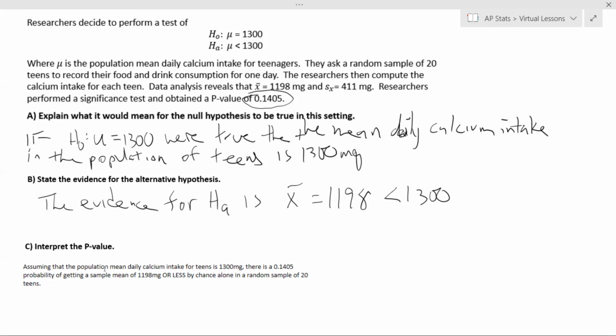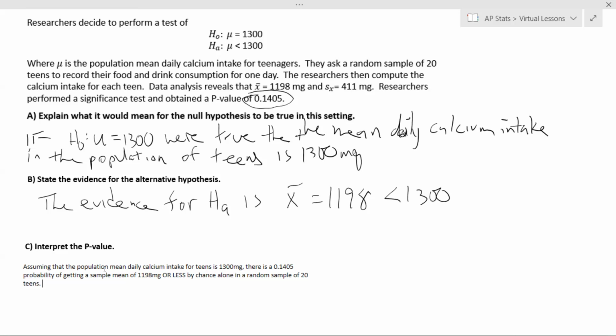So that "or less" is important because the p-value tells us the probability of getting a result as extreme or more than what we got. So it's not just the probability of getting 1,198 as the mean for the sample, but of getting that or less by chance alone in random samples of 20 teens. So this is only valid for random samples of the same size.